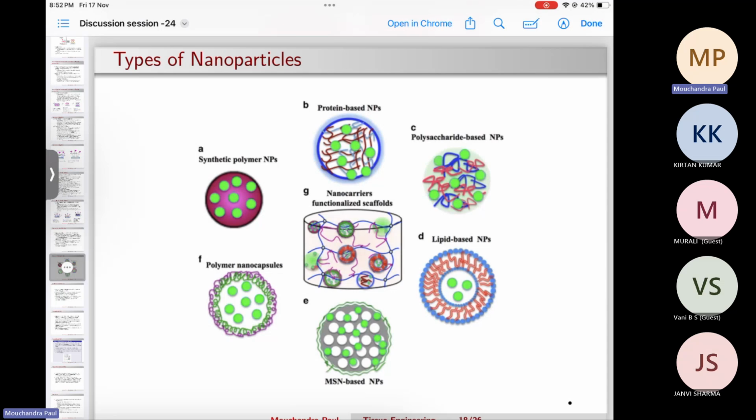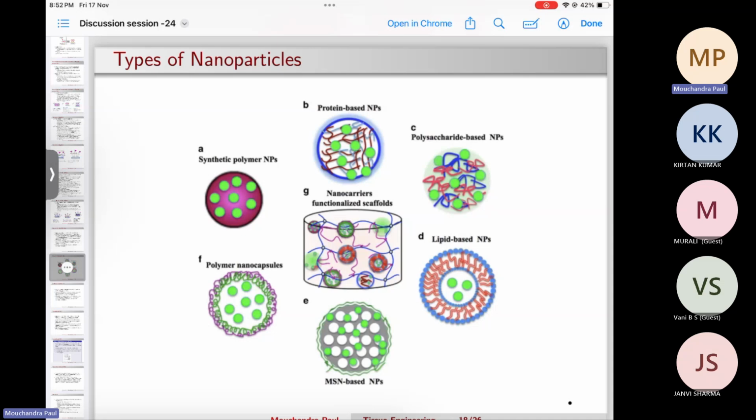So we have discussed synthetic polymer nanoparticles, protein based nanoparticles and polysaccharide based nanoparticles. We have not discussed the polymer nanocapsules, and the center one here is also not discussed, where growth factor loaded nanoparticles are somehow linked, chemically conjugated or physically encapsulated within the scaffold.